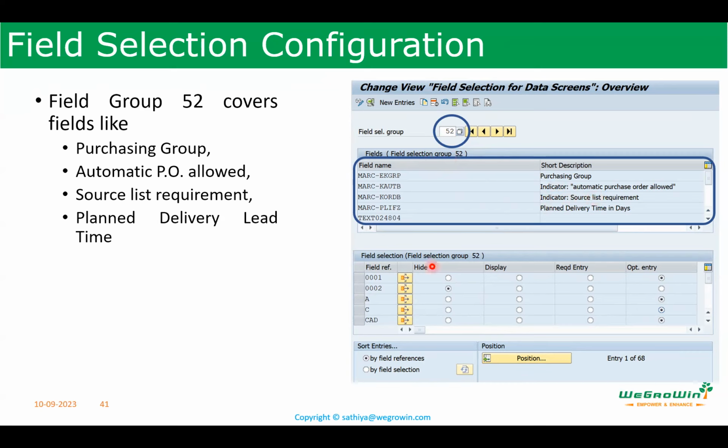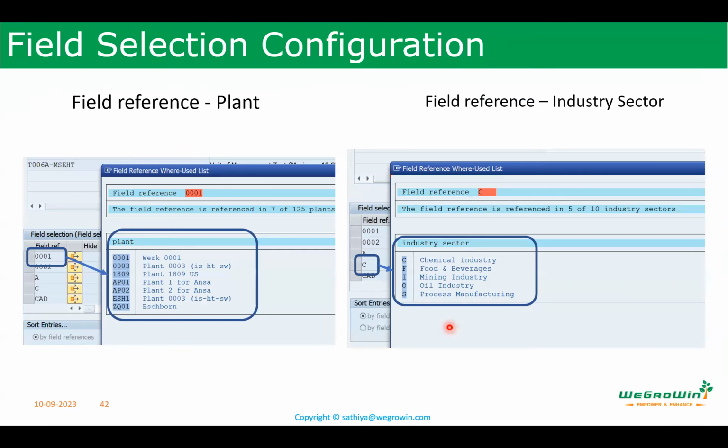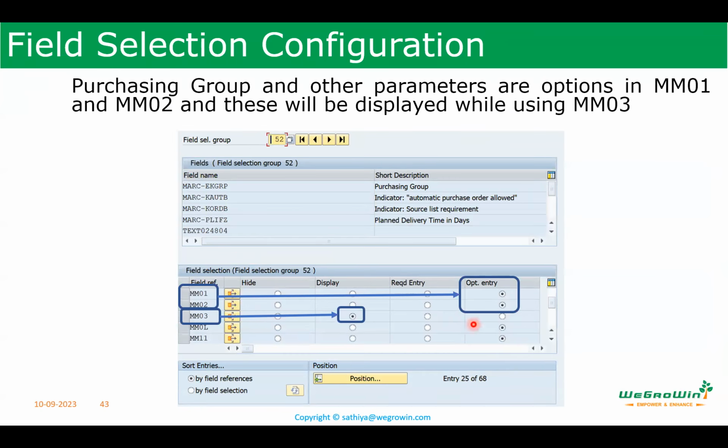Now, during MM01 and MM02, I want this purchasing group to be an optional entry. During MM03, it is a display.